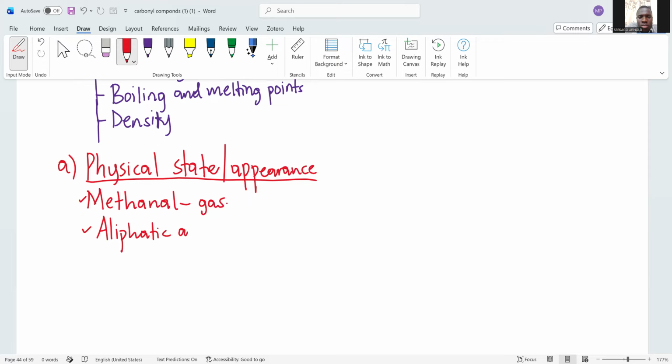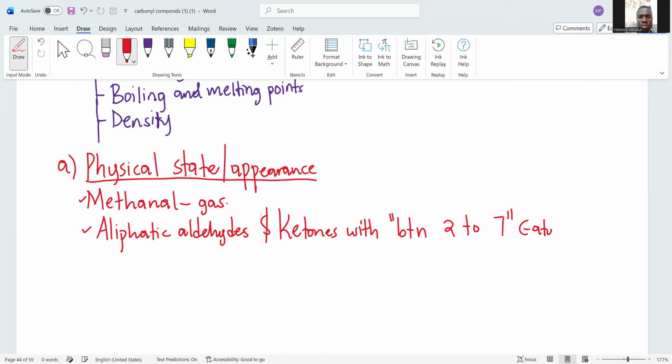Aliphatic aldehydes and ketones with between 2 to 7 carbon atoms exist as liquids.